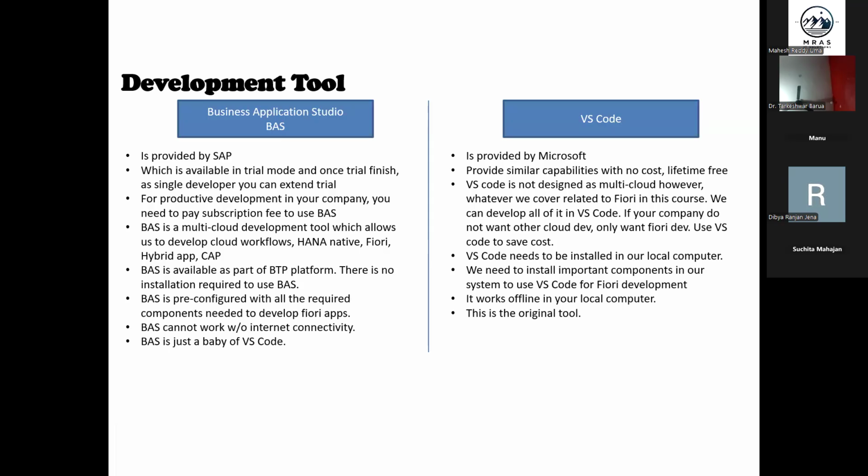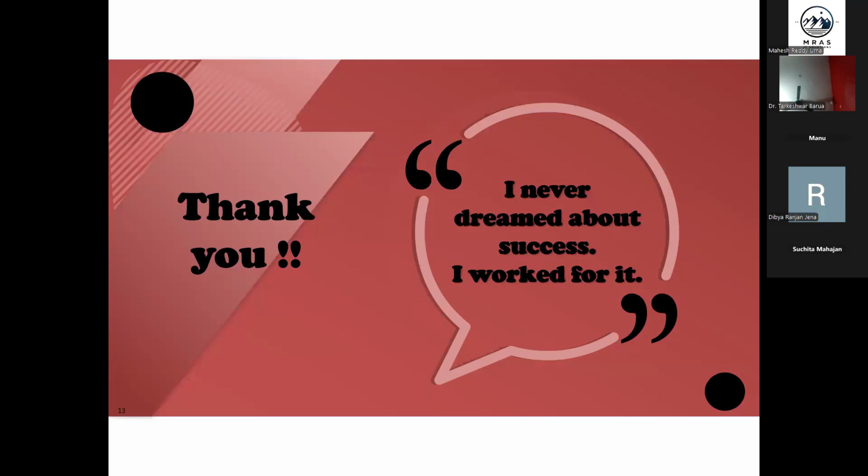Both are useful for developing Fiori. VS Code, as Ravi Tej has already explained, is provided by Microsoft, and the BAS tool is provided by SAP. If you have a BTP trial account, then you can access the BAS tool and start your development. So these are the two different development tools for us. That's it from my side. If you have any questions, let me know.